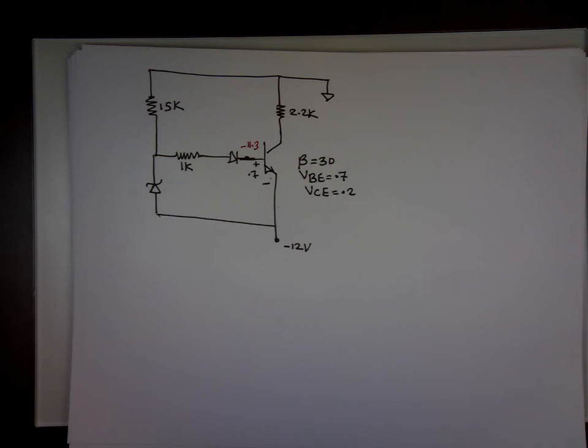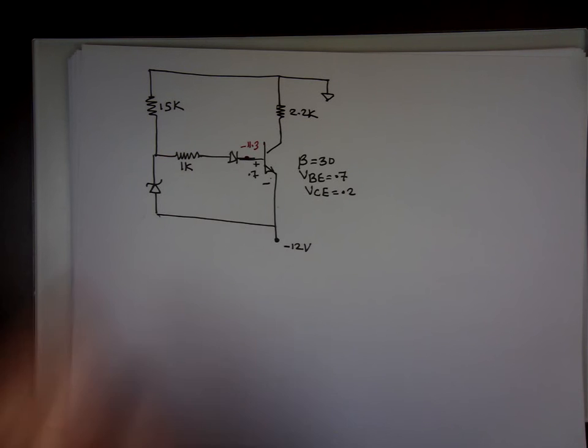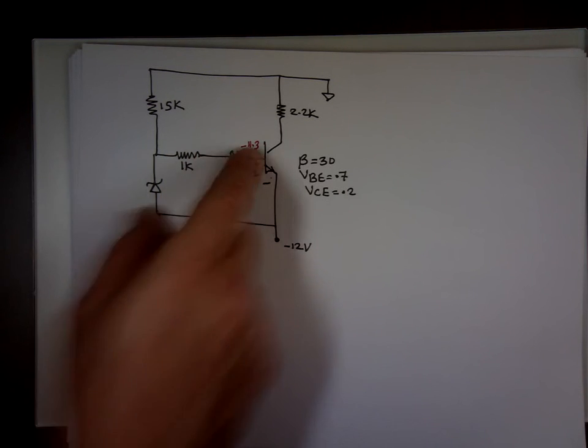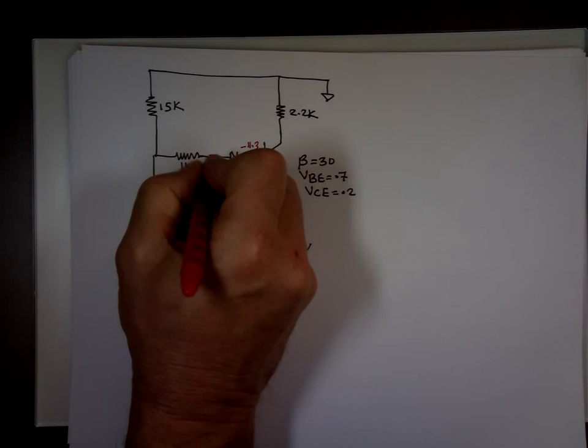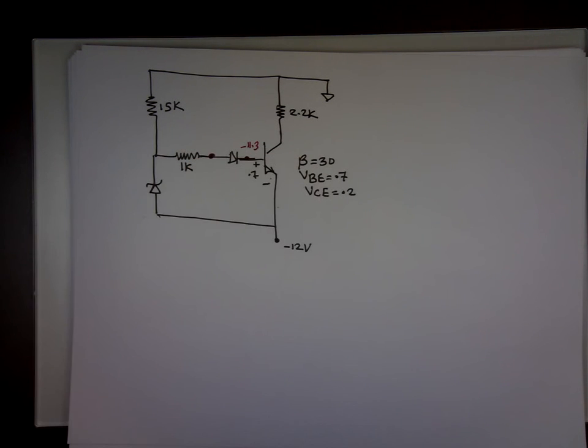And if this is a silicon diode, this end has to be 0.7 higher than that. So add 0.7 to that, this voltage will be negative 11.3 plus 0.7, negative 10.6.